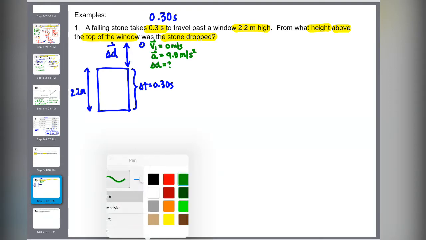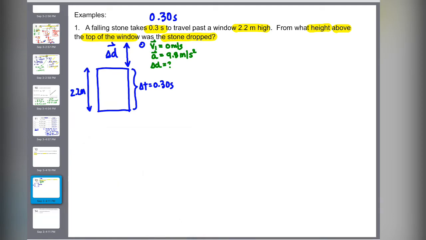The middle part is where the stone is passing through the window. Let's see what we know. I know the time is 0.3 seconds. I know that the displacement is 2.2 meters.